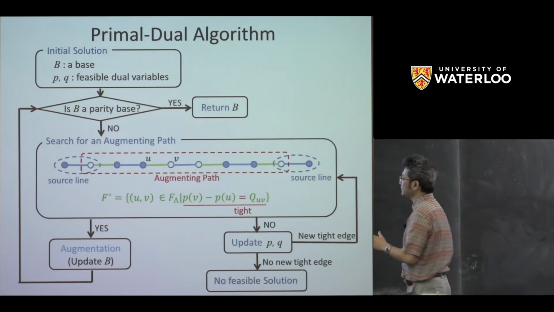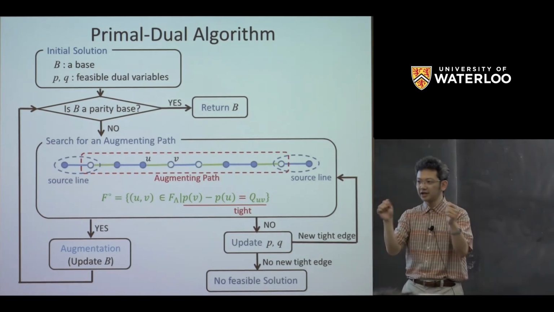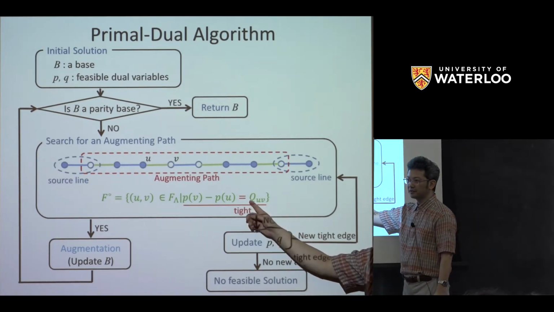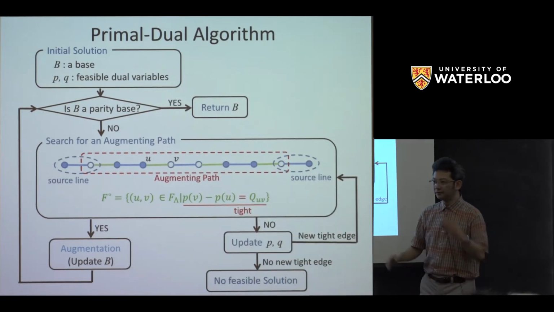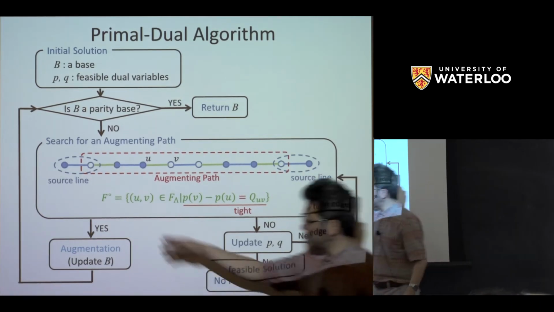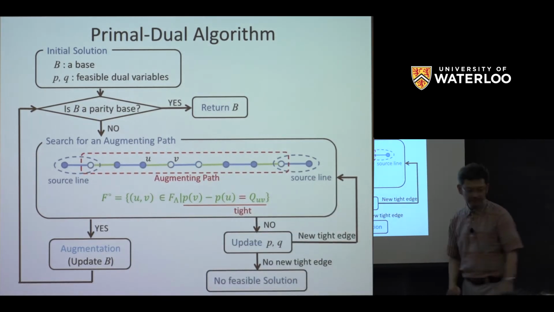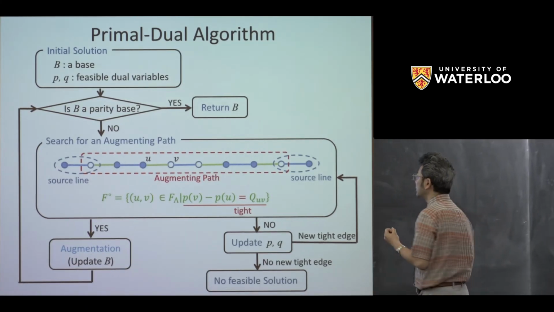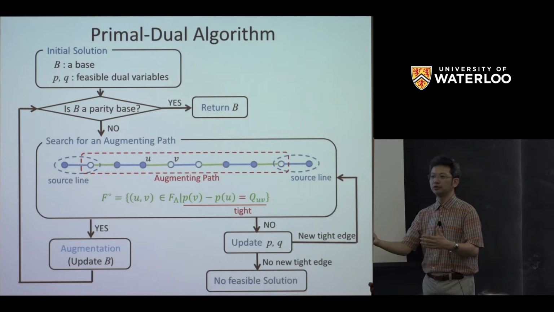The essential difference here is that we use only the tight edges. That means the second feasibility condition must be sharp, so we use only these kinds of edges as the green edges to find an augmenting path. Now, if we find an augmenting path, then we can make an augmentation. If we don't, then here's again our idea that if you get stuck, then you must be able to improve the dual side.